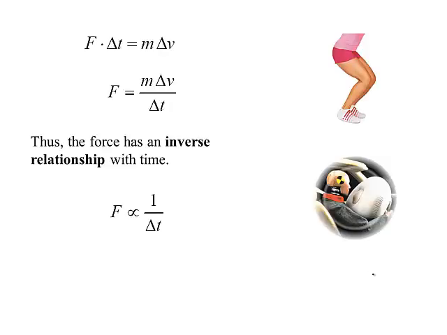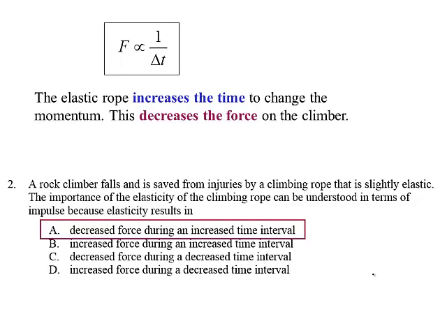Remember, force and time have an inverse relationship if the impulse is constant, which it is in this case. So the elastic rope increases the time to change the momentum. This decreases the force on the climber. So that's why the answer for number 2 is A. It's a decreased force during an increased time interval.